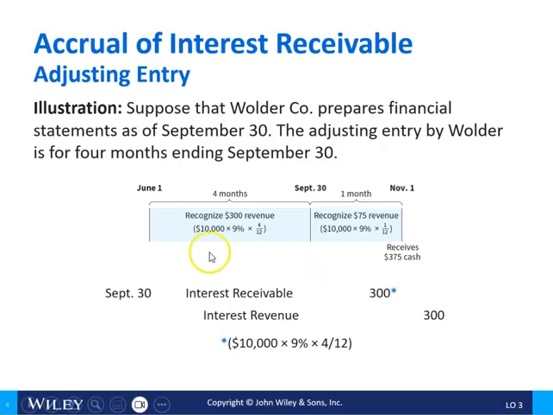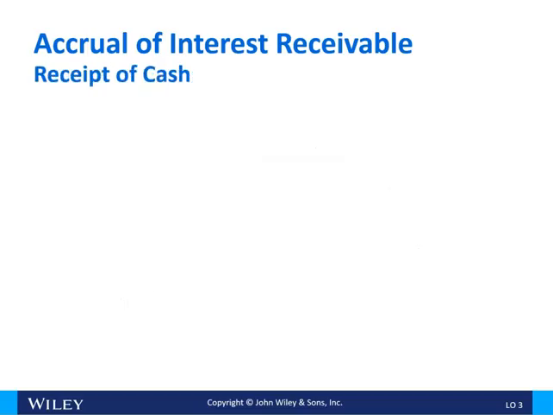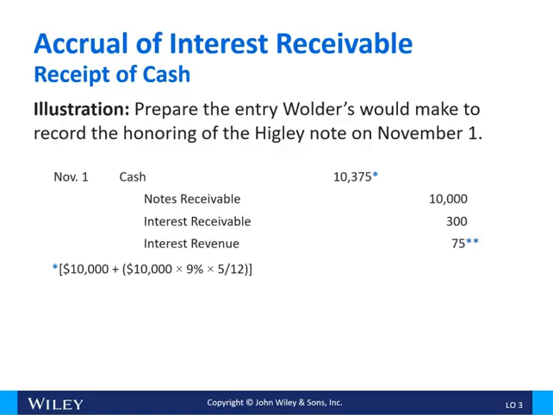Okay. Note that we do not use notes receivable. We put it in a separate account, interest receivable, because the notes receivable account stays at the face value. When we receive cash now, on November 1st, we have the same cash received, 10,375, so we're going to debit cash 10,375. We're going to credit notes receivable, $10,000, the face value.